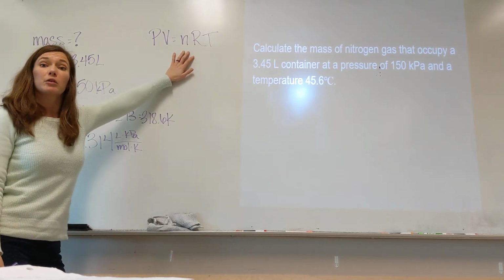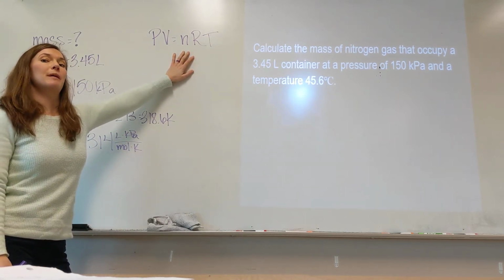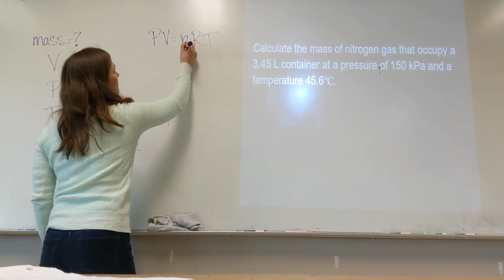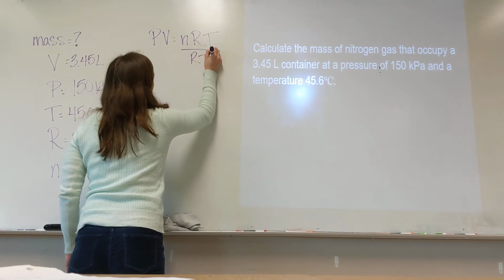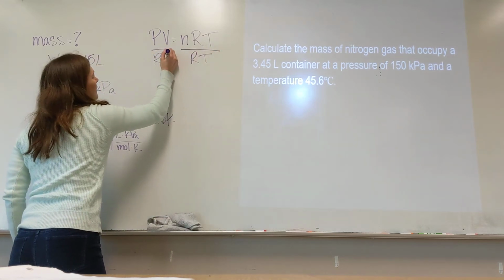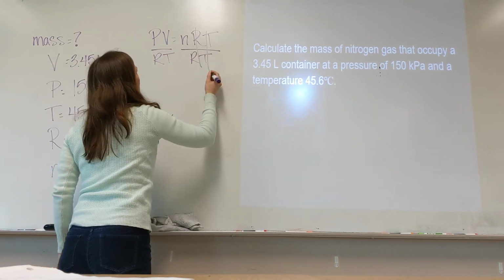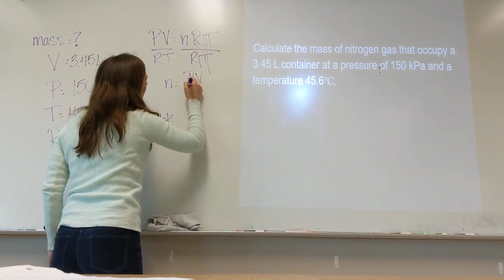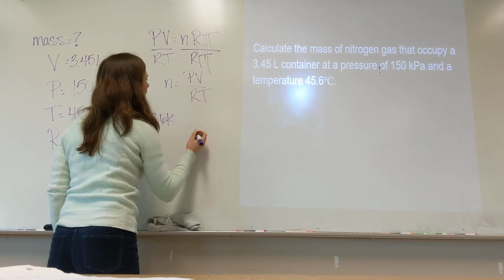So again, similar to the last problem, I'm going to rearrange my formula so that I have n by itself. In order to do that, I'm going to divide both sides by RT. So now I have n is equal to PV over RT.